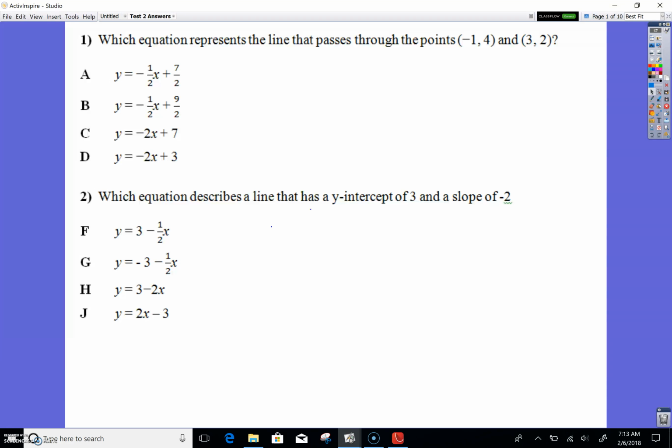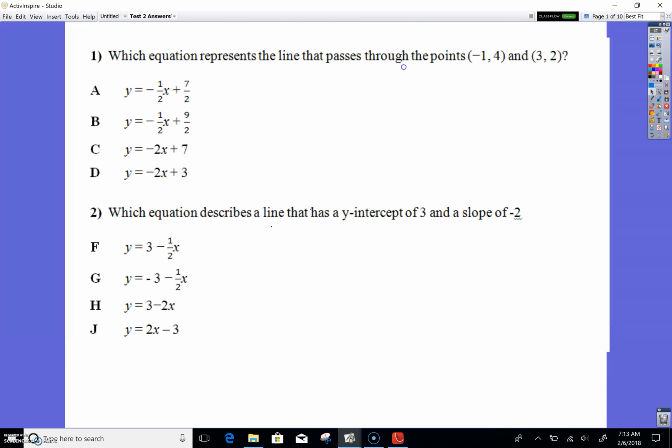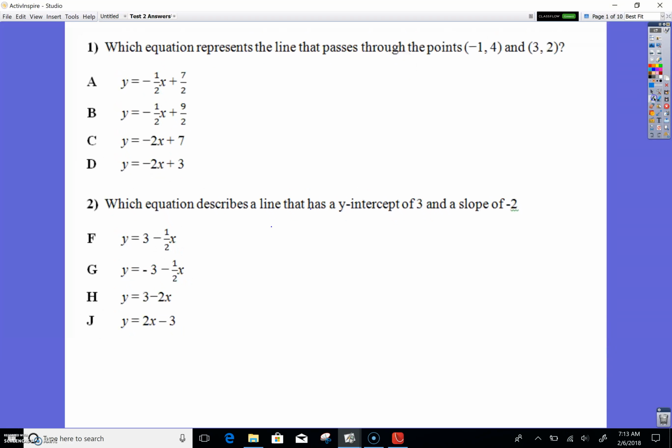First thing we need to do is find the slope, because remember, we're using this equation right here to find the slope: y2 minus y1 over x2 minus x1.